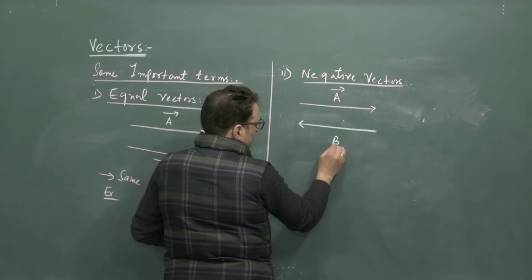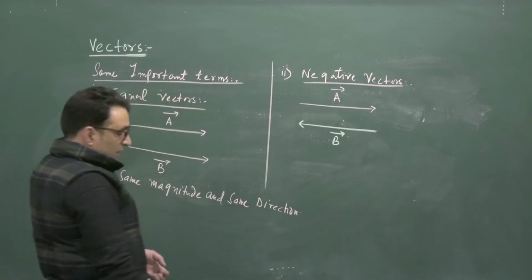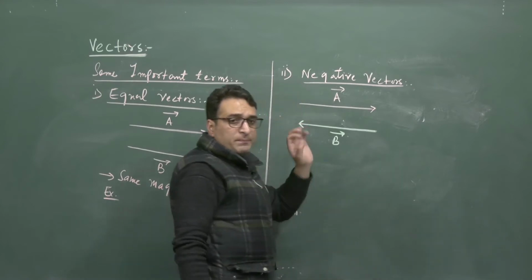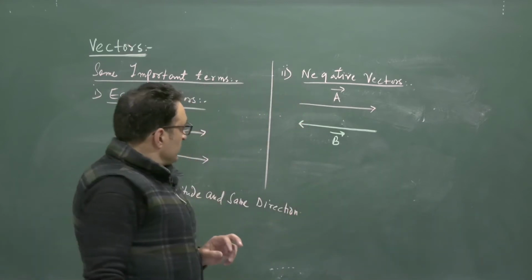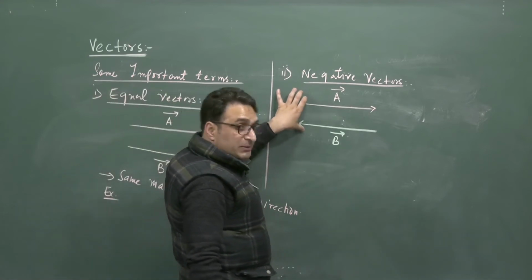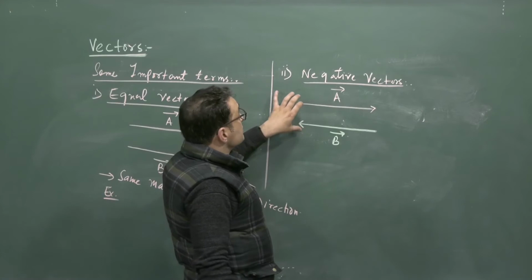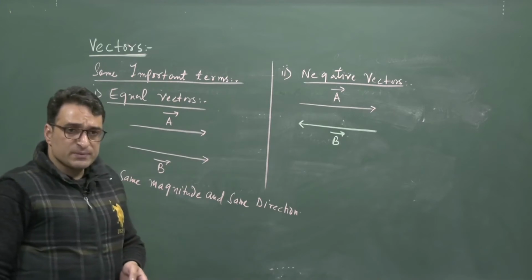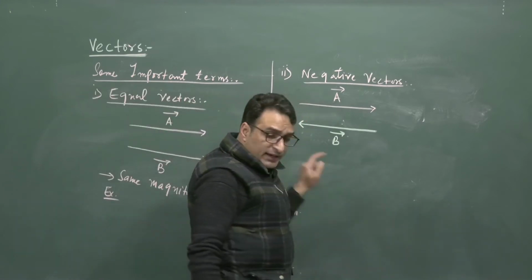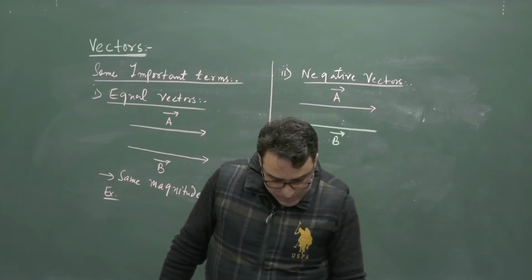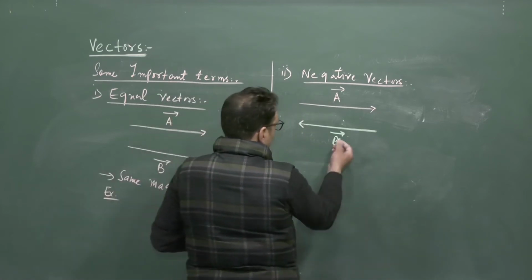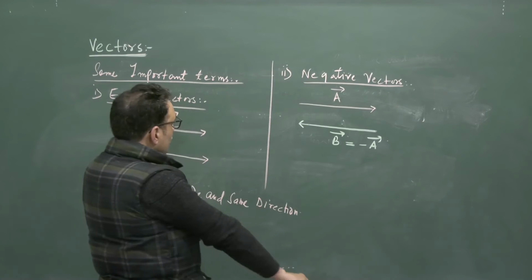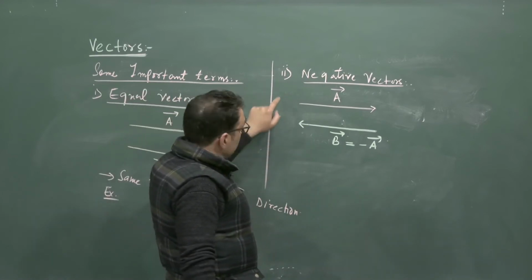We call this as B. As you see from the diagram, both the vectors have the same magnitude, but both the vectors are oppositely directed. Opposite directions. Now, these two vectors A and B are said to be negative vectors. A is said to be negative of B, or B is said to be negative of A. Here we can write B is equal to minus A. The only difference is the directions are opposite, but the magnitudes are same.